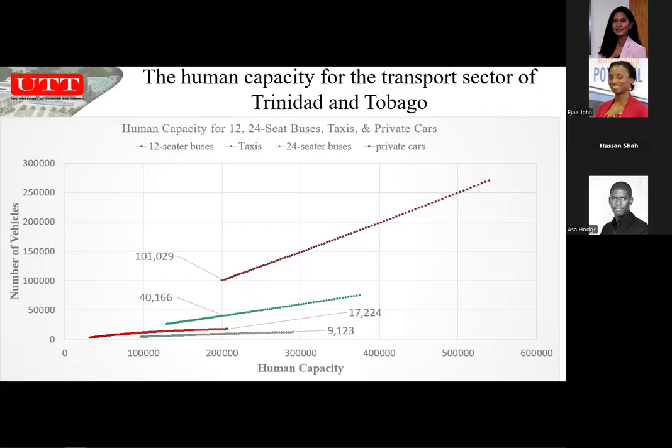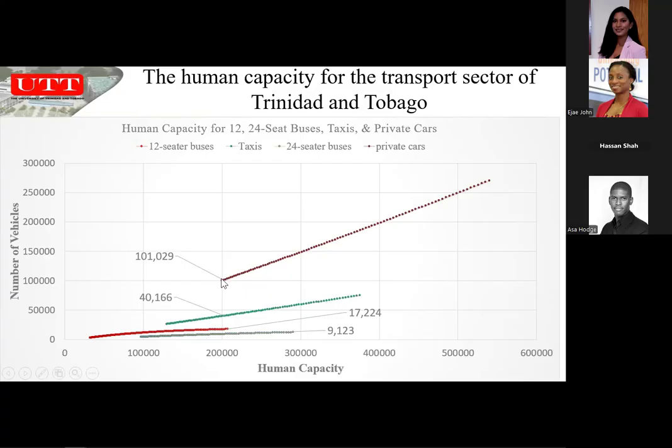So here we simply chose a population of around 200,000 people. And we investigated how many vehicles we would need to accommodate that number of people. In doing that, we assume that the private vehicles can hold 2 people, the taxis can hold 5, and both maxi taxis at full capacity.